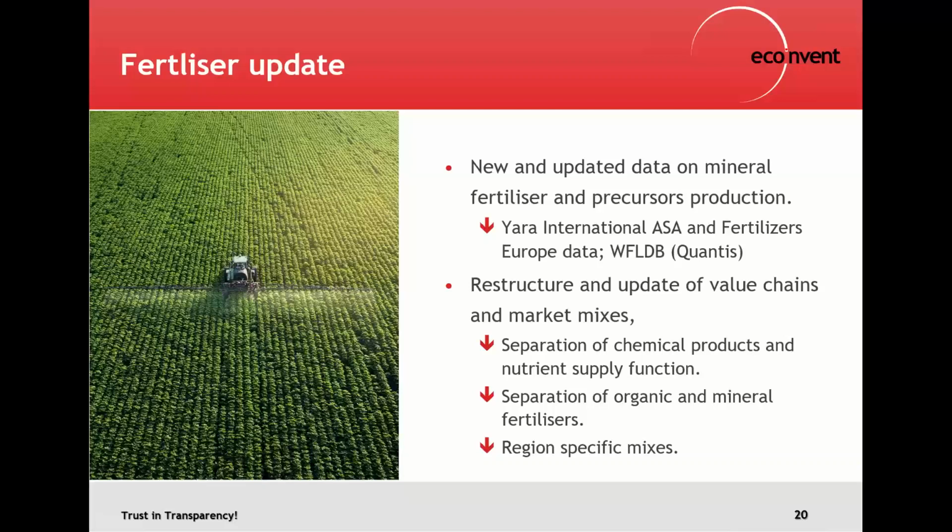What we have done is ensure a separation of the chemical manufacturing and the use of this chemical as a nutrient supplier. We have separated organic and mineral fertilizers, and we have ensured regional specific mixes for those fertilizers.